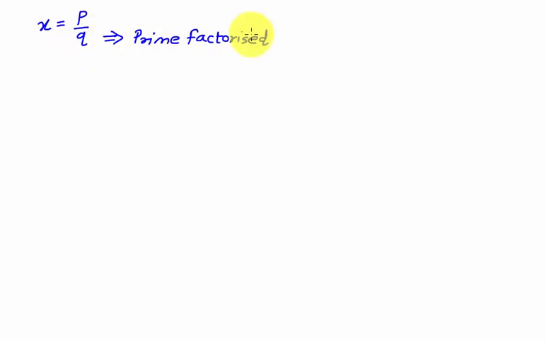Here q is the denominator, so we prime factorize q, and then we check whether the prime factorization of q is of the form 2 raised to n into 5 raised to m, because it may happen that 2 has a power other than 1 and 5 has a power other than 1.